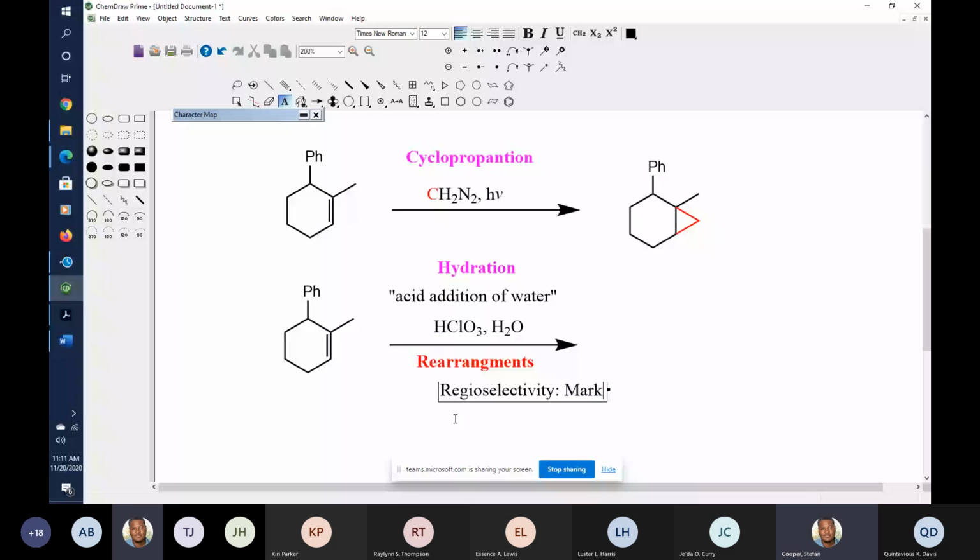If we look at an alkene and figure out which carbon is the Markovnikov carbon, which carbon would that be? The carbon with the methyl group or the carbon without the methyl? The carbon with the methyl.